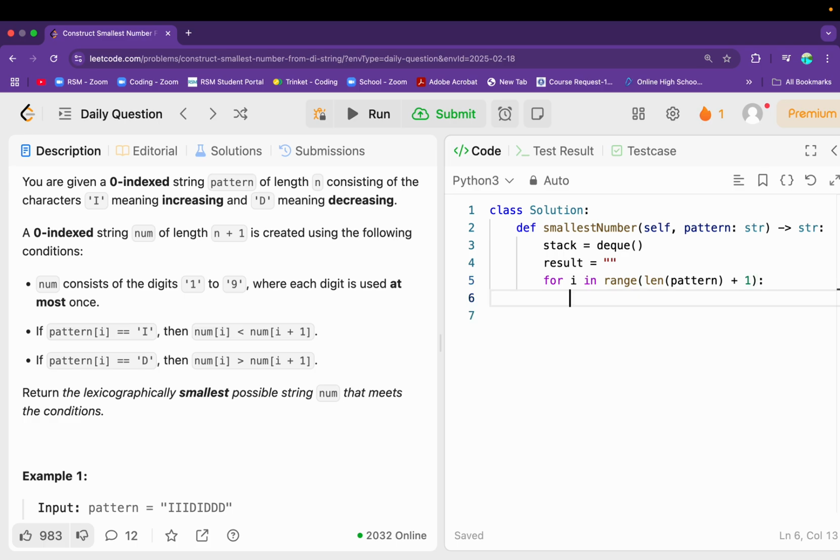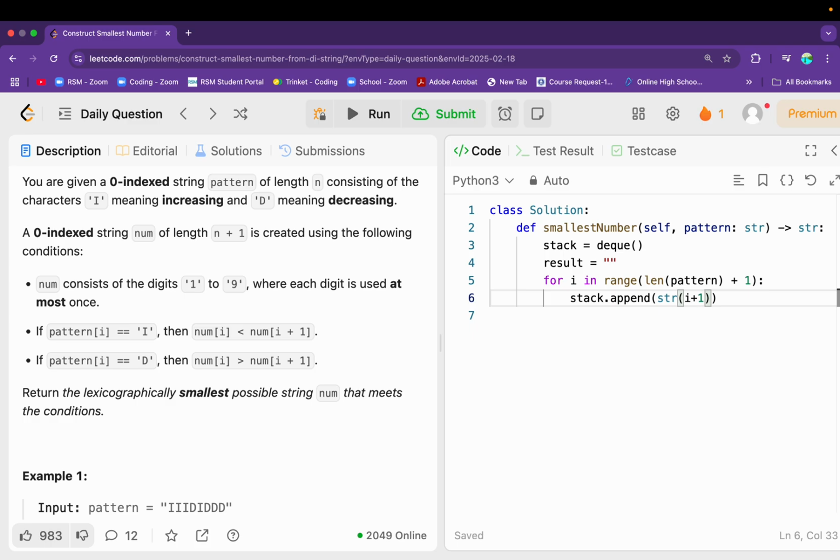Okay, so for i in the range of length of pattern plus 1, in every iteration we want to append to our stack i plus 1, or the current index plus 1. We want to do this in the form of a string because we want to output a string. So we'll push, or append, to our stack the string data type, converting the current element to a string of i plus 1, where i is the current index that we're at.